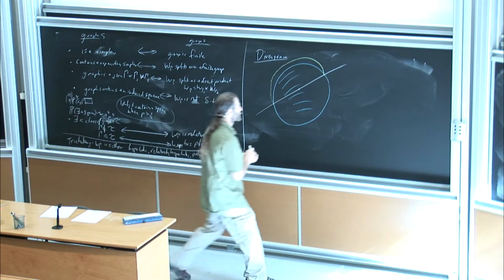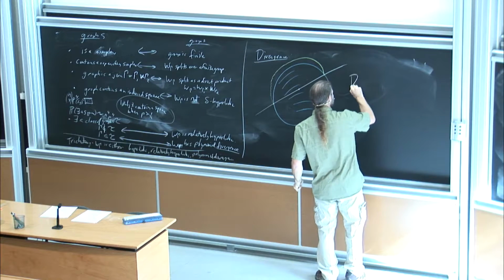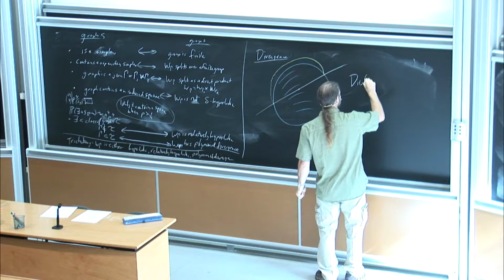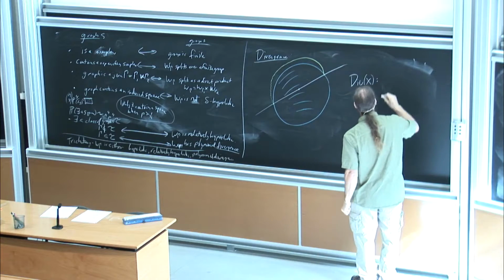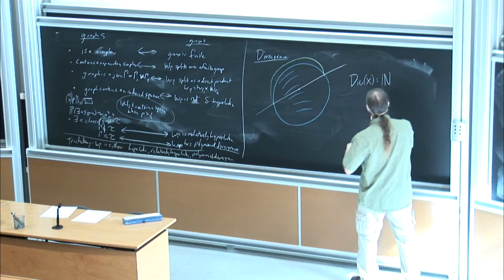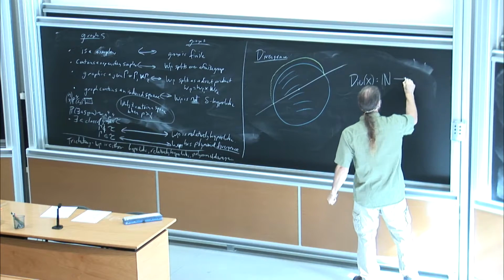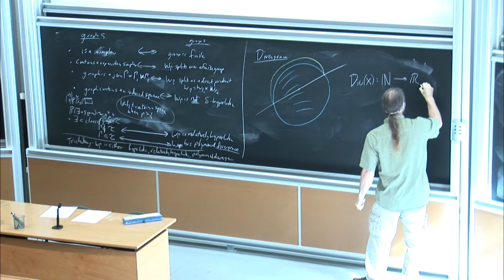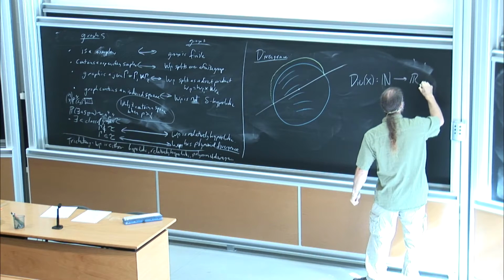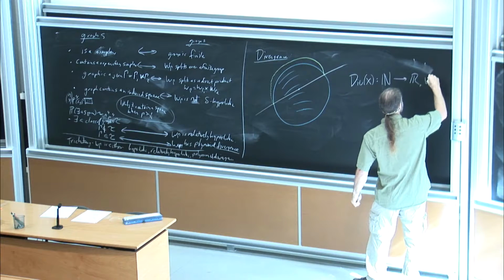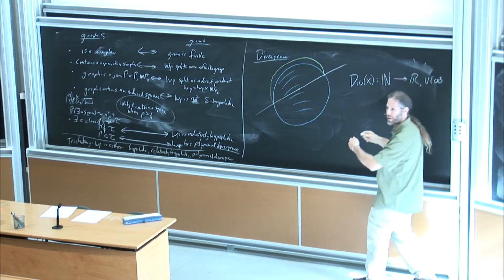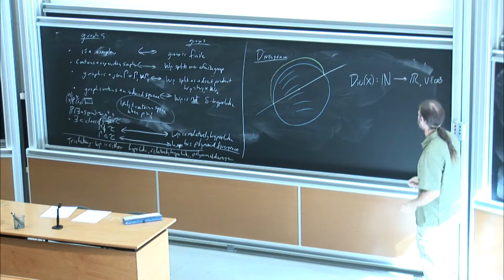Maybe a more precise way to say it is that the divergence of the space X is going to be a function, a map from the natural numbers to the positive reals union infinity. Maybe there's no way to connect them, in which case I'll just say it's infinite.